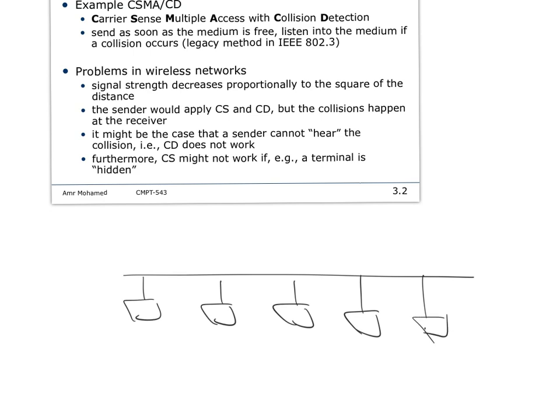This is the logical topology. Of course, you can represent that physically using different physical topologies, using switches, using coaxial cable, whatever. But this is the simple model. So we have n nodes sharing one medium. This is for wired.